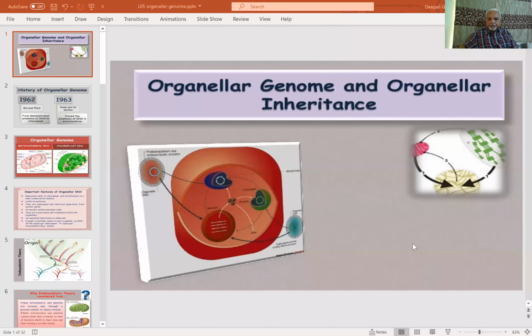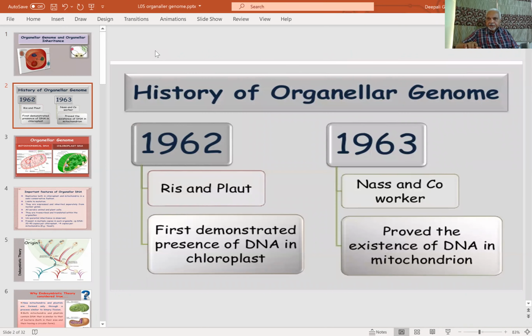So when we talk about organellar genome, I'm referring to these two organelles I mentioned, that is chloroplast and mitochondria. Historically, the presence of DNA was shown as early as the 1960s, and in fact, around the same time, both discoveries were made about chloroplast and mitochondria, that both of them have the genetic material, that is DNA.